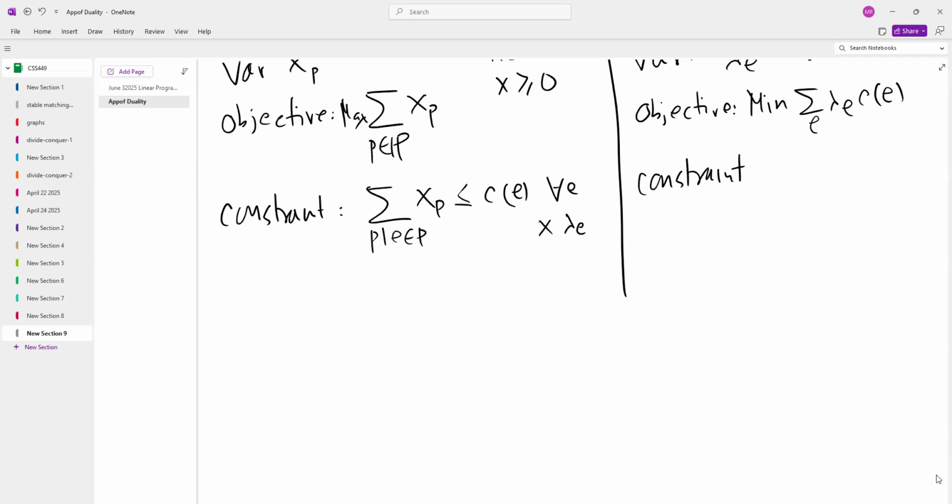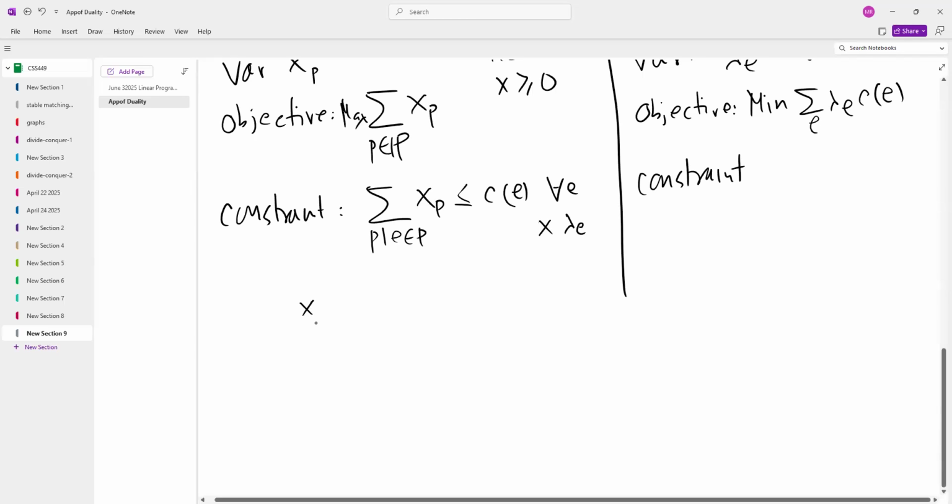And now the objective function looks like this: we have x_path1 plus x_path2 plus, let's say, x_pathk, right?